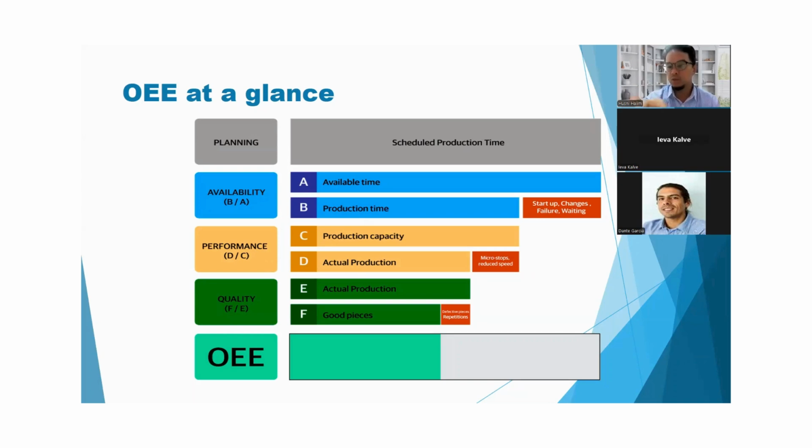And from here you can see all the red boxes are the wastage. If you're doing the setup, that is wastage. If the operator's waiting, and then you have the minor stoppages, and then all these rejects.